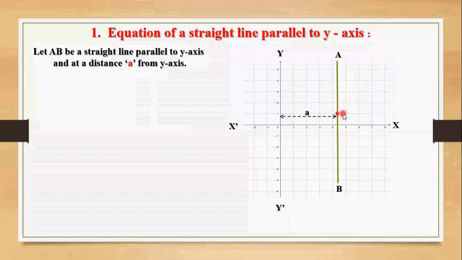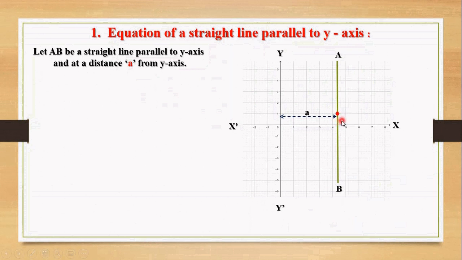Let's take a point on a straight line AB. Here it is. Now let's write its coordinate. Its coordinate is (a, 1) because the line is at a horizontal distance a from the y-axis, and this vertical is 1. So its coordinate is (a, 1).